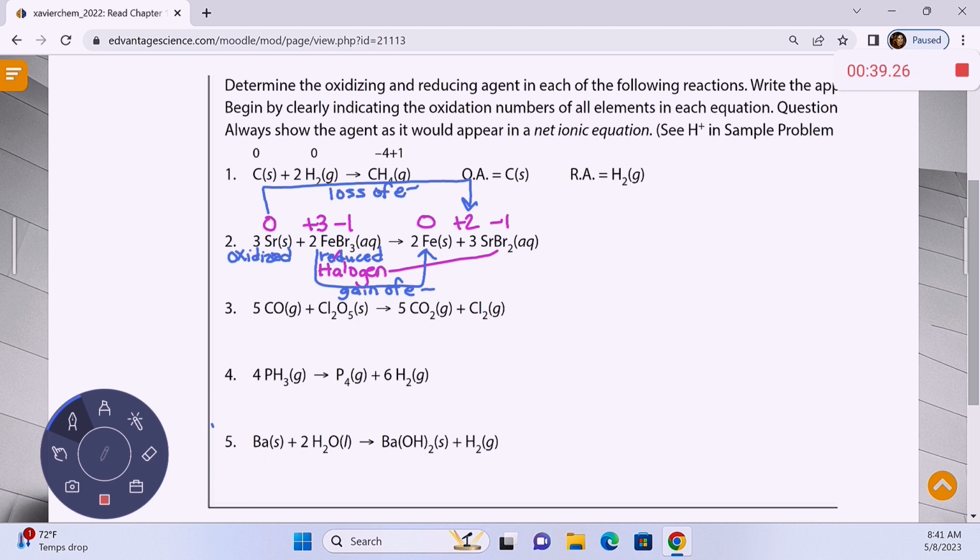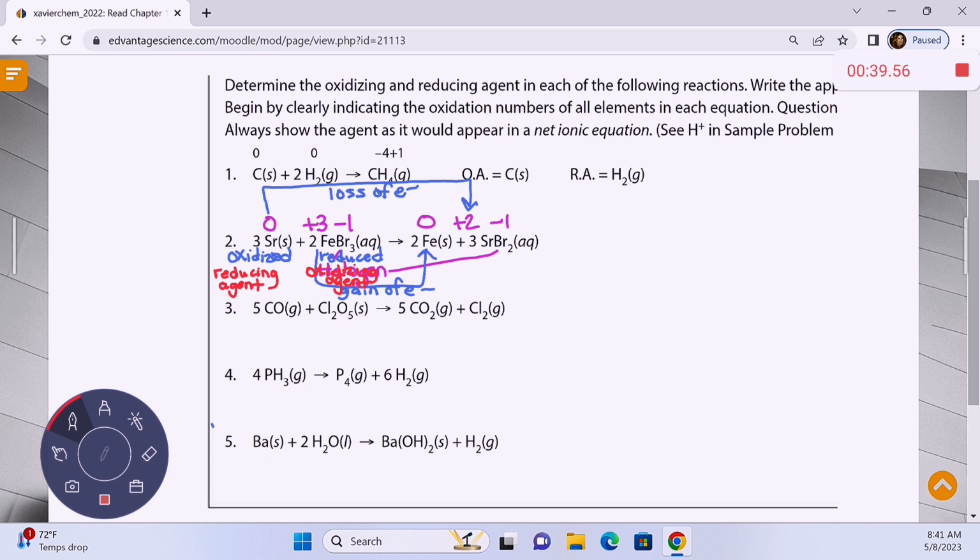Okay, so whatever is oxidized, that is called the reducing agent because it reduces the other reactant. And then whatever is reduced, we call that the oxidizing agent.